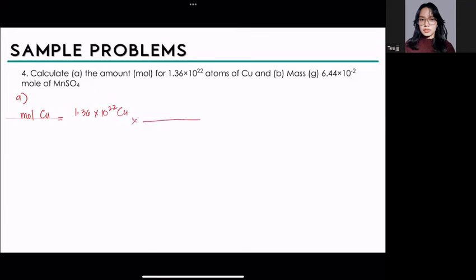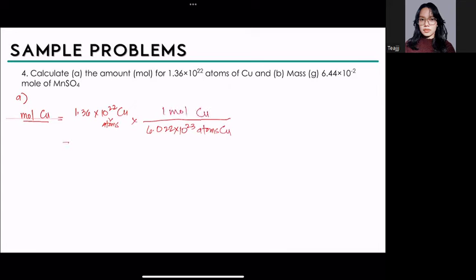To convert that into moles of copper, the conversion factor we will use is Avogadro's number. So Avogadro's number is 6.022 times 10 to the 23 atoms of copper per 1 mole of copper.